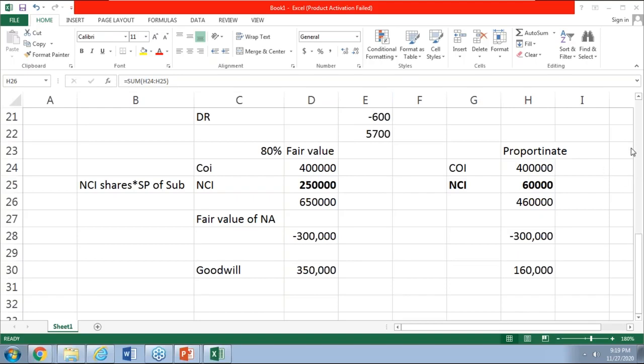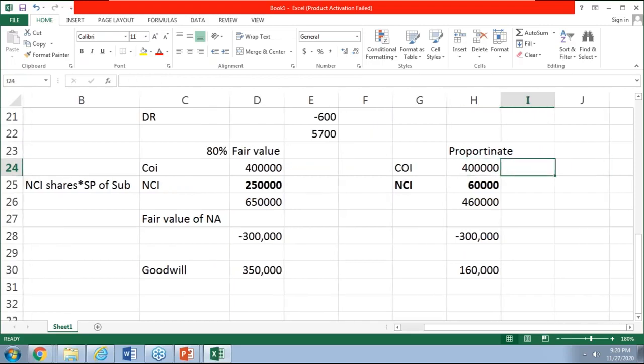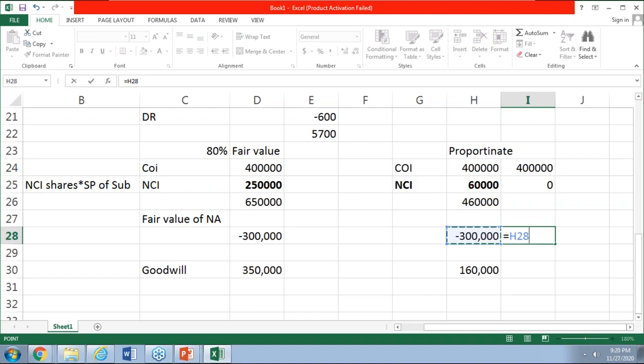Yes, we can also solve this by ignoring the NCI. Now there is another way to solve this question. No need to take NCI here, and take 80% of the net assets. This is also called proportionate share calculation, 80% of the net assets.